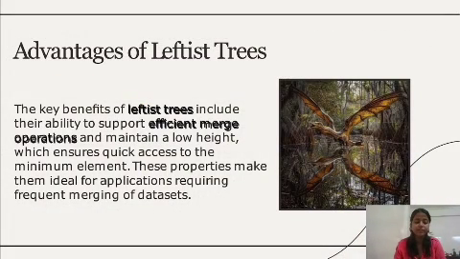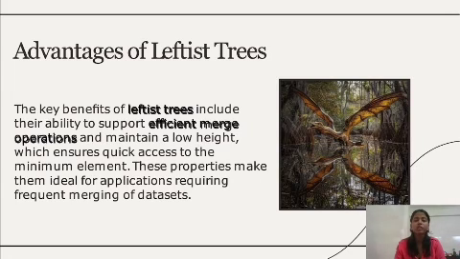Advantages of leftist trees. The key benefits of leftist trees include their ability to support efficient merge operations and maintain a low height, which ensures quick access to the minimum element. These properties make them ideal for applications requiring frequent merging of datasets.